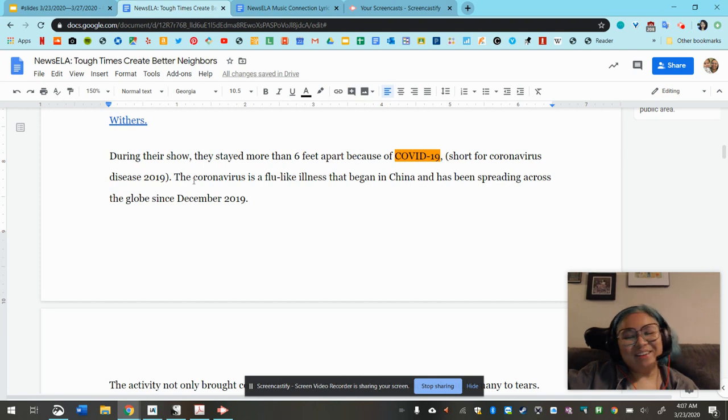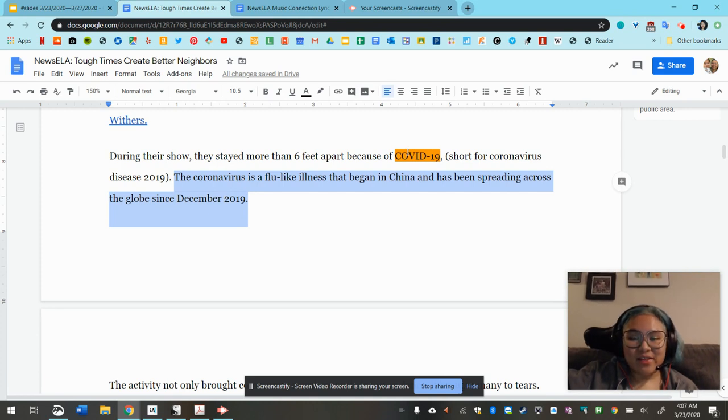Okay, so in this particular paragraph, they do give you the definition in the second sentence right here. But in case I chose this so that I could write my own definition on the annotation, go ahead. All right, the coronavirus is a flu-like illness that began in China and has been spreading across the globe since December 2019. So if I want to do a comment on this, I'm going to go ahead and write right here, a flu-like illness.